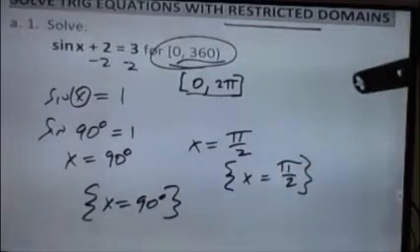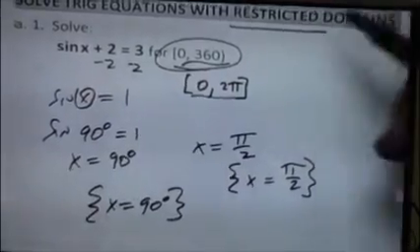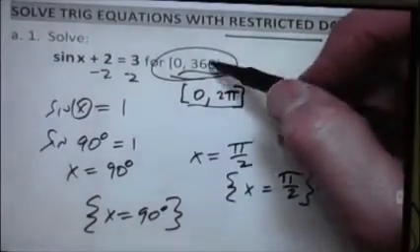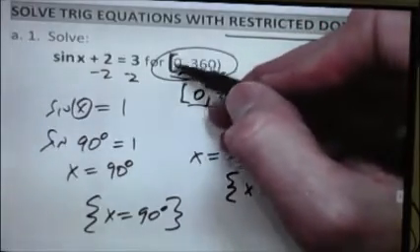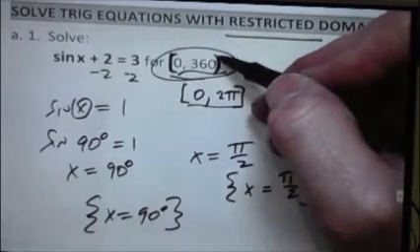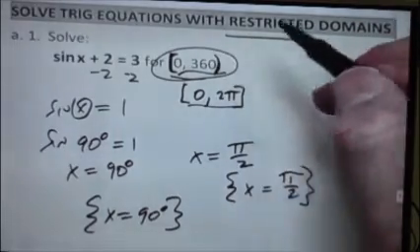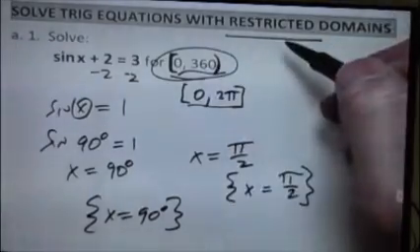Yes? Why at the end of the 360 is it a parenthesis and not a bracket? Good question, because it's always sort of confusing on these. The bracket tells you you're including the 0. The parenthesis tells you you're not including the 360. It's immaterial in this particular one because 360 and 0 are the same.